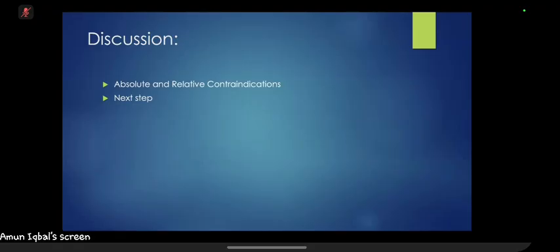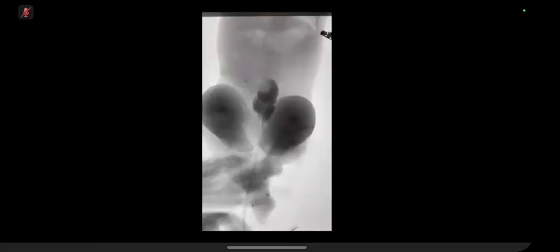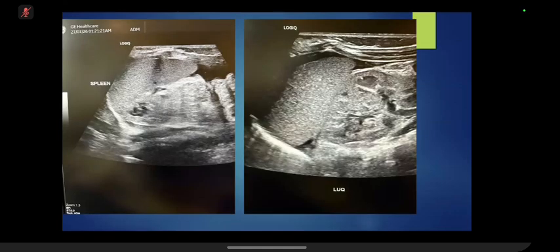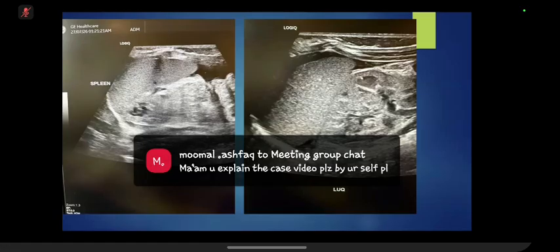And the second thing is that did you notice that the patient had free fluid around the perisplenic area? Yes, ma'am, I identified it on the ultrasound. So this case was actually shared with me by my colleague.